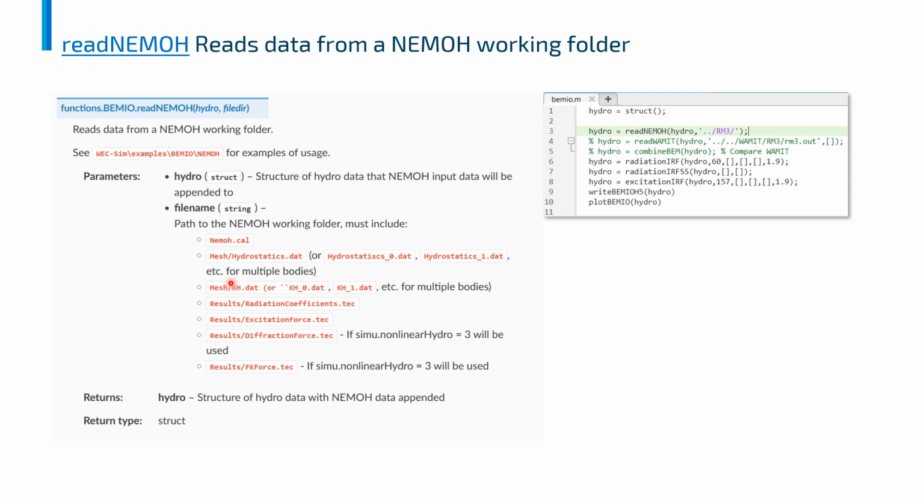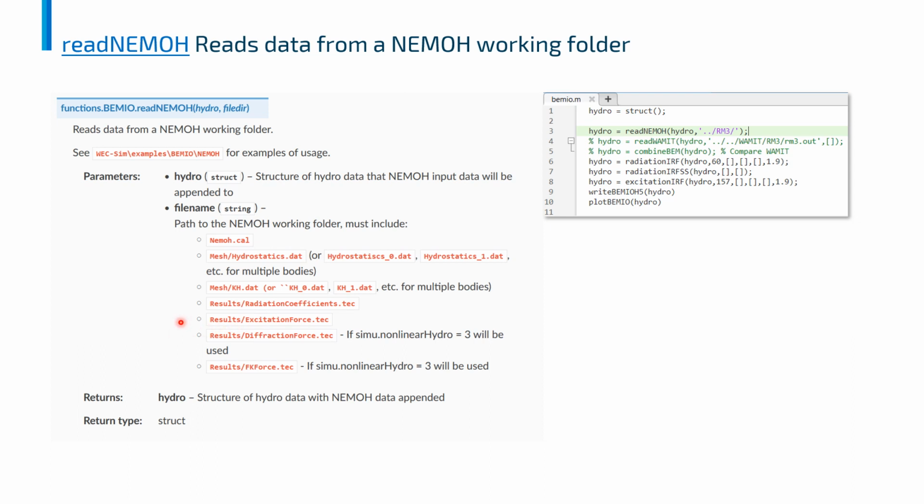This folder needs to include some specific files, such as the Nemoh.cal file. You need to include also the hydrostatics file from NEMOH, the KH file, and some others like the radiation coefficients, .tec, and the excitation force, .tec.